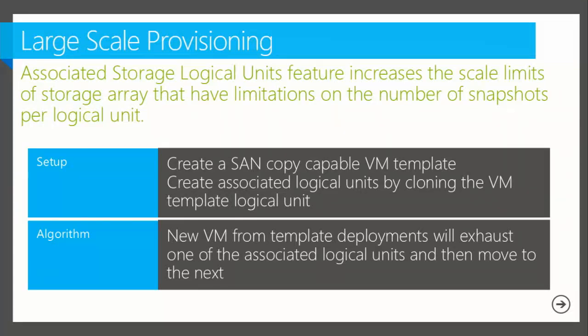If one LUN can handle 256, 10 LUNs should be able to handle that many more. So when we provision a VM using rapid provisioning, instead of using the original LUN, we use all of the associated clones to generate all of the VMs. The algorithm essentially exhausts one of the LUNs and moves on to the next. It doesn't do a round robin. This is just what we picked as far as the algorithm.